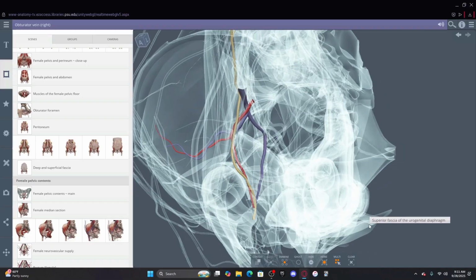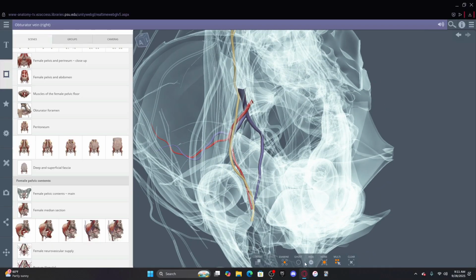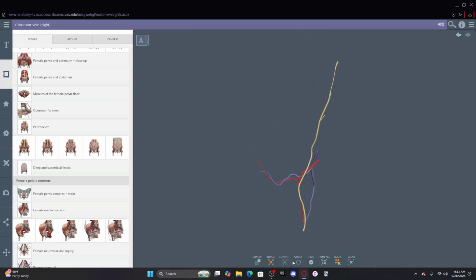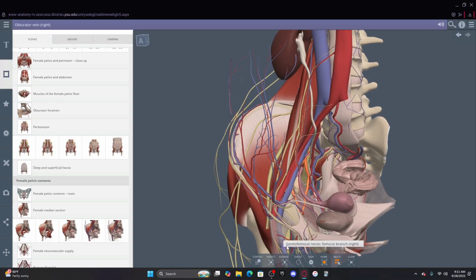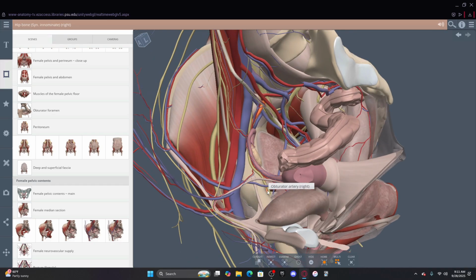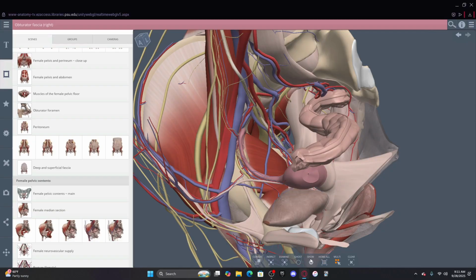So we can see all of those if I examine. We see all of them going to the obturator foramen right here. If I remove myself from examine and just inspect, we can see that. And then I'm going to remove all those selections just so we can actually see it going through the foramen. So let's hide that.